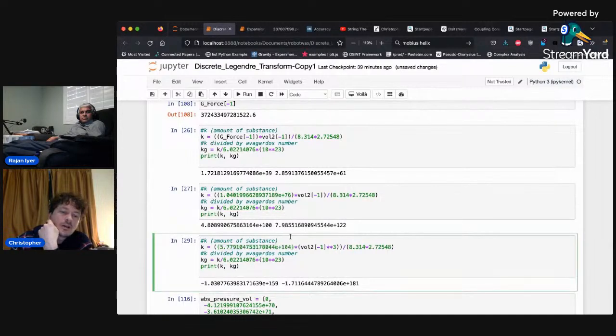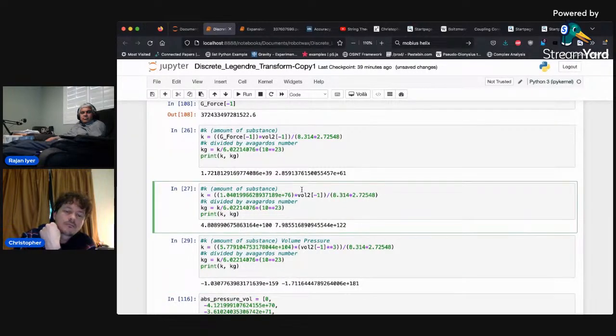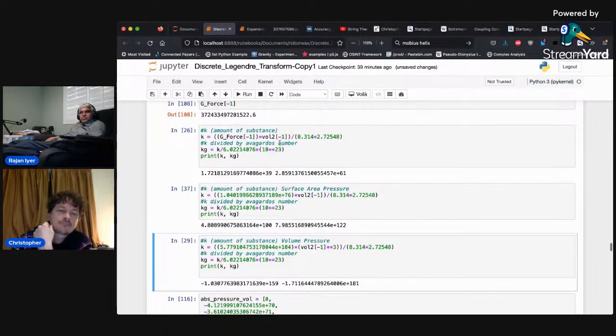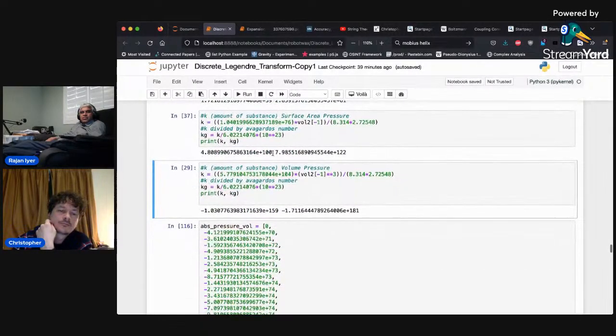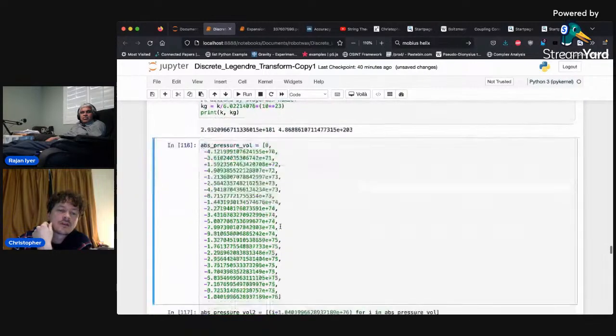I should probably make a note. This was the volume pressure, and this was the surface area pressure. I think we'll go with surface area pressure anyway, because it probably makes more sense. Surface tension is the. Okay, and we'll check this one. So there we go, those are the two values.